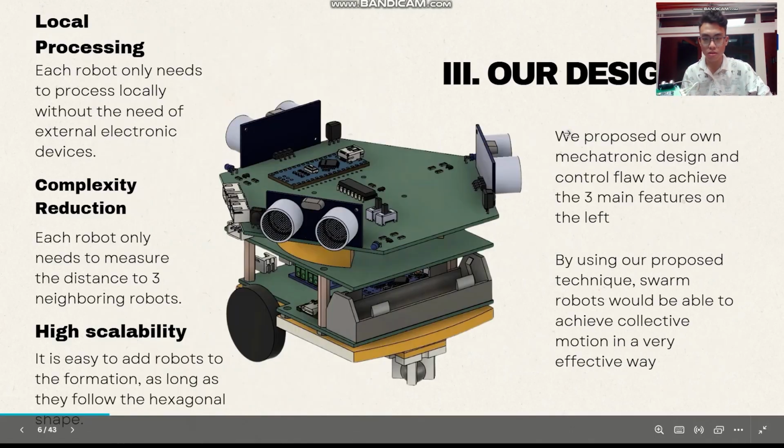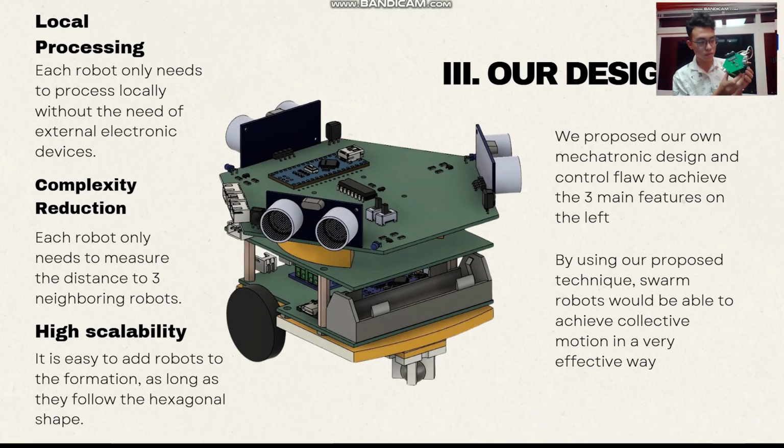To solve these two big problems, we have come up with our own robotic design. There are three main features. The first one is local processing. Each robot will only have to process in its internal microprocessor. They don't have to handle external extra communications, or we don't really need the external devices that I have mentioned earlier.